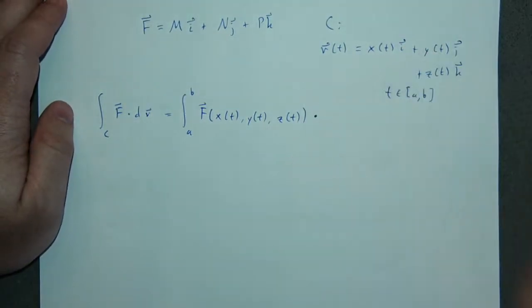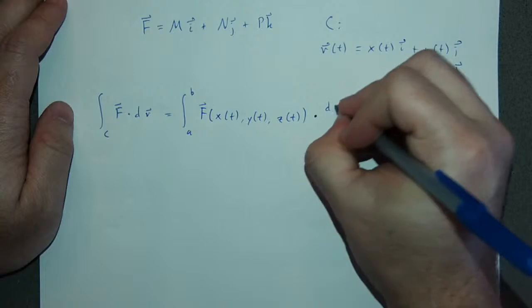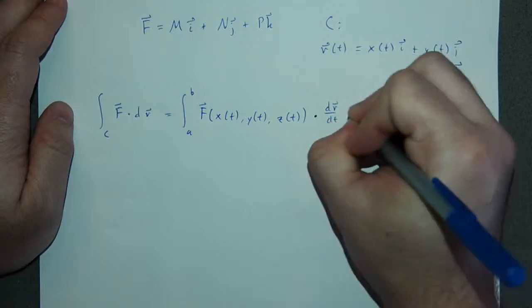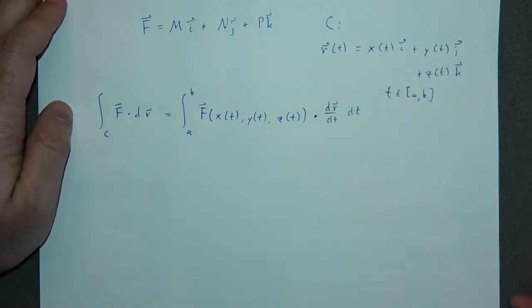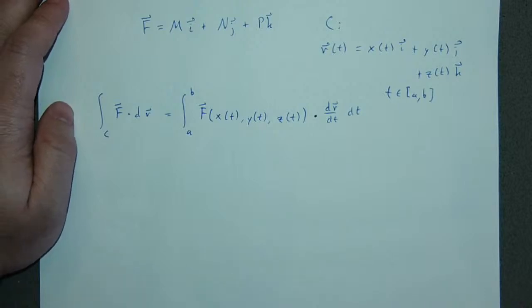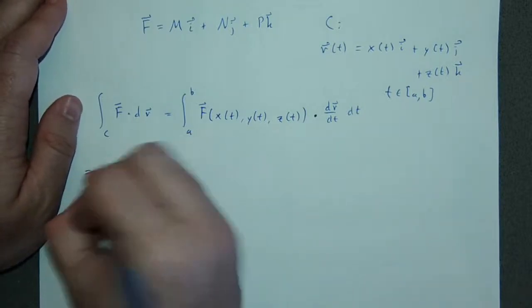Dotted with dr/dt. Okay, now if we write that out in terms of F, where these M, N, and P are each functions of three variables, then this becomes a pretty long expression.